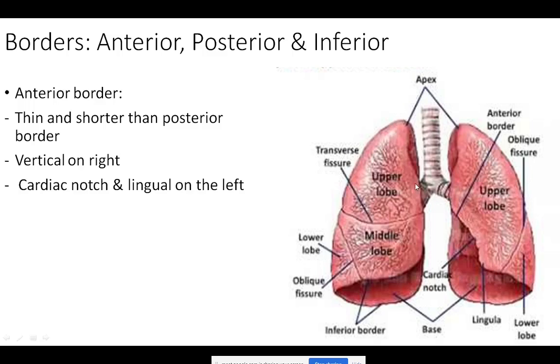The anterior border is thin and shorter than the posterior border. See, this is the anterior border. It is shorter than the posterior border of the lung, right? And it is also thin, whereas the posterior border is blunt. The cardiac notch and the lingula are present on the left lung at the anterior border.